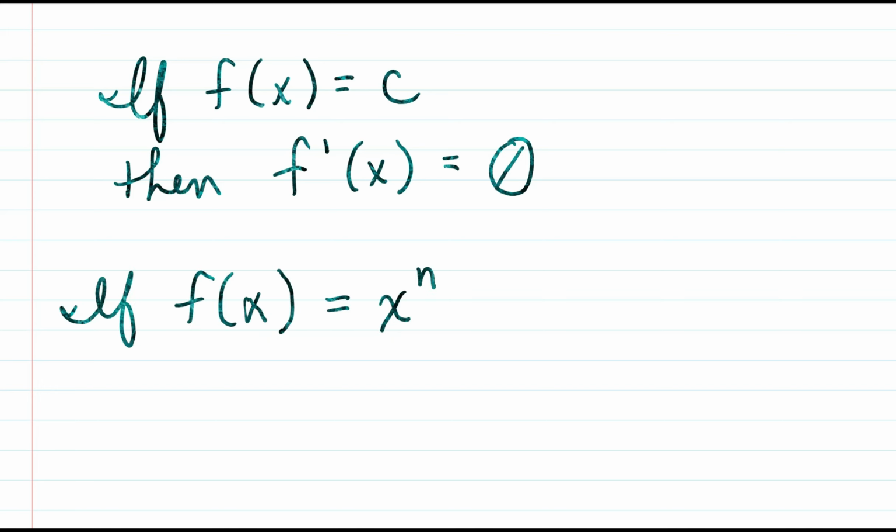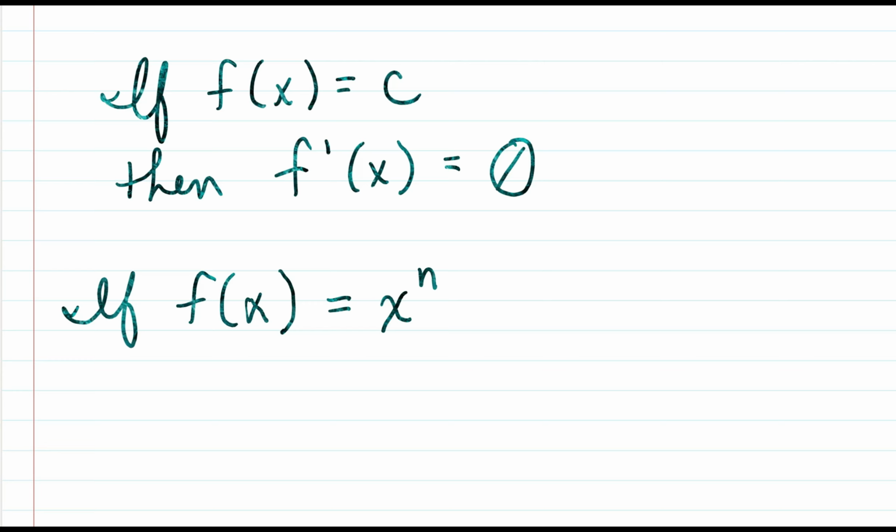The next formula, a very important one: if f of x is equal to x to the n power, then to find the derivative, f prime of x, we take that exponent and put it in front of our function, and then we subtract 1 from the exponent.